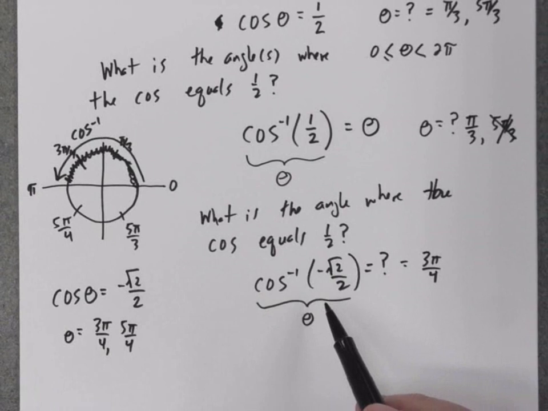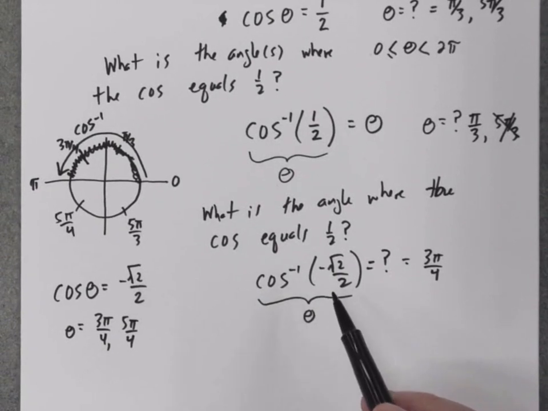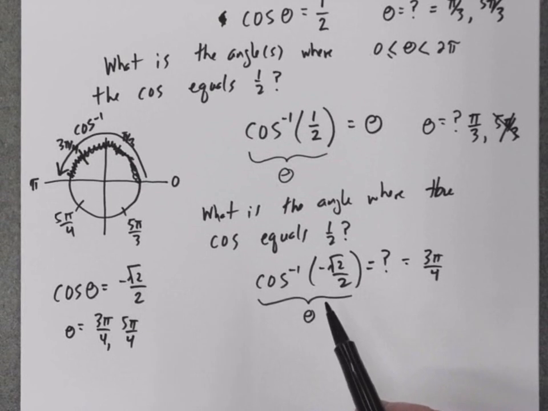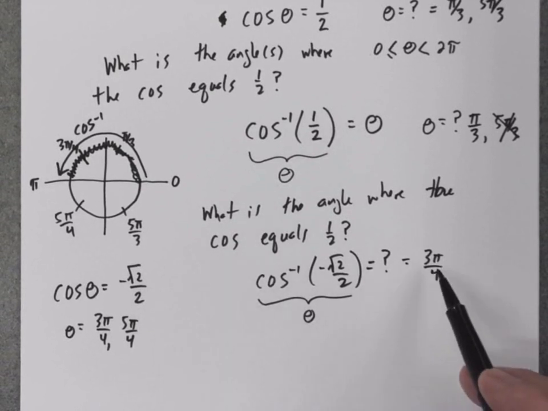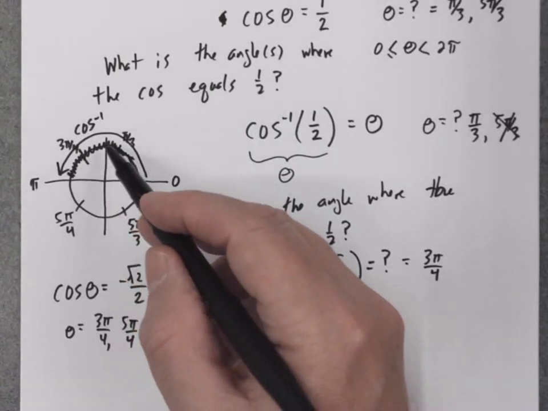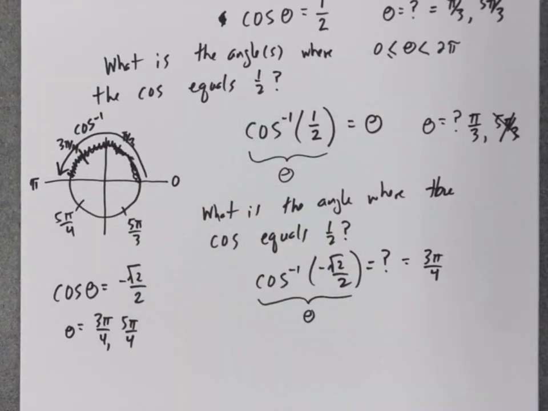But we're not asking that. Whenever the problem is framed as an inverse cosine function, the only angles you can use are the top half of the unit circle. So there's only one angle. So that's a little different.